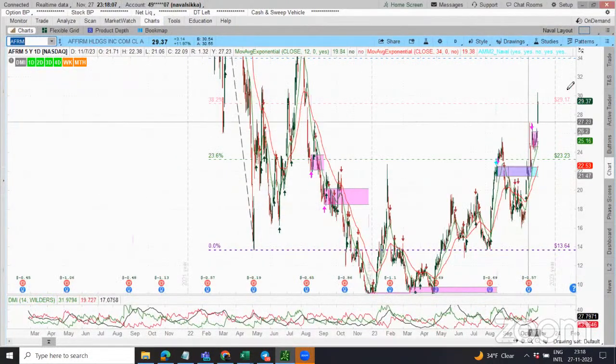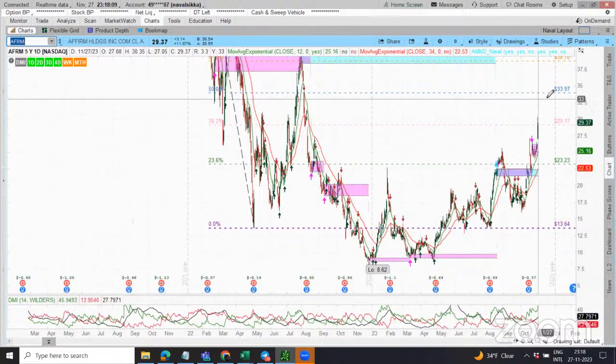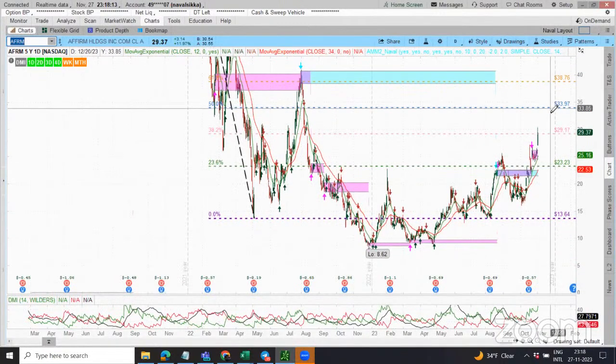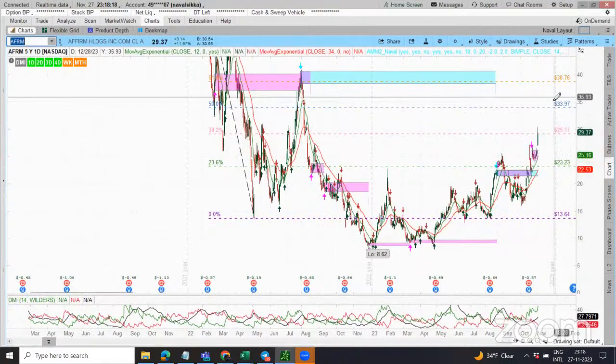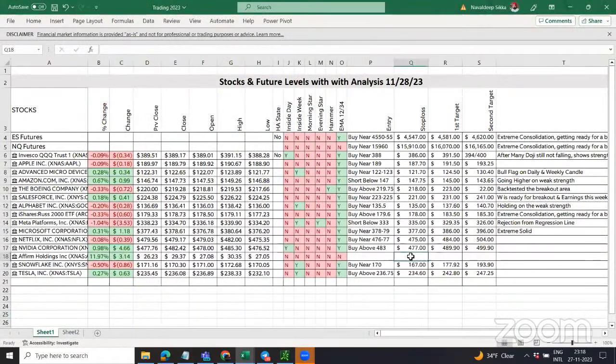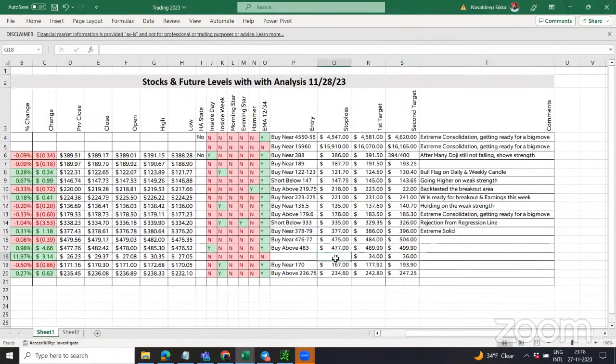I think if it crosses 29, which it did, 34 and then there's a gap. 34 is something I'm eyeing. 34 and 36 on a firm. 34, 36, 29 is my stop loss.